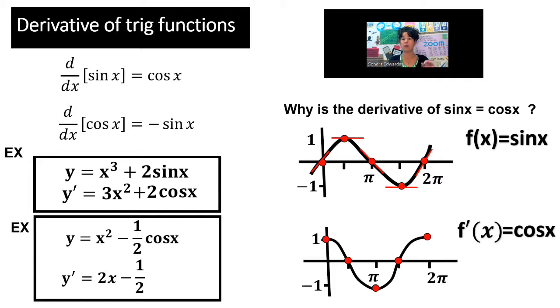We want to find the derivative of cosine of x and then multiply that by the negative 1/2. So the derivative of cosine x is negative sine of x. So if we have negative sine of x multiplied by negative 1/2, that's going to make that plus 1/2 sine x.